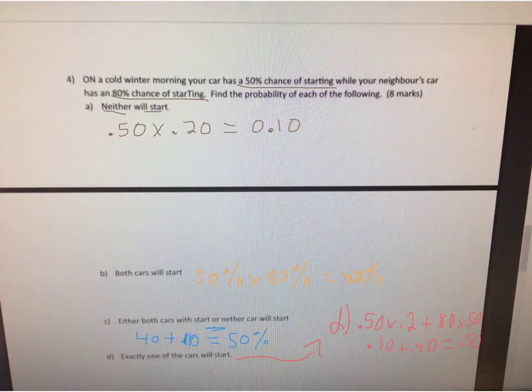So that's the probability of just A starting and B not starting, or the probability of just B starting and A not starting. And I think I had the wrong answer on the front of the page for that one. I think I have 90%, but we got 50, didn't we?